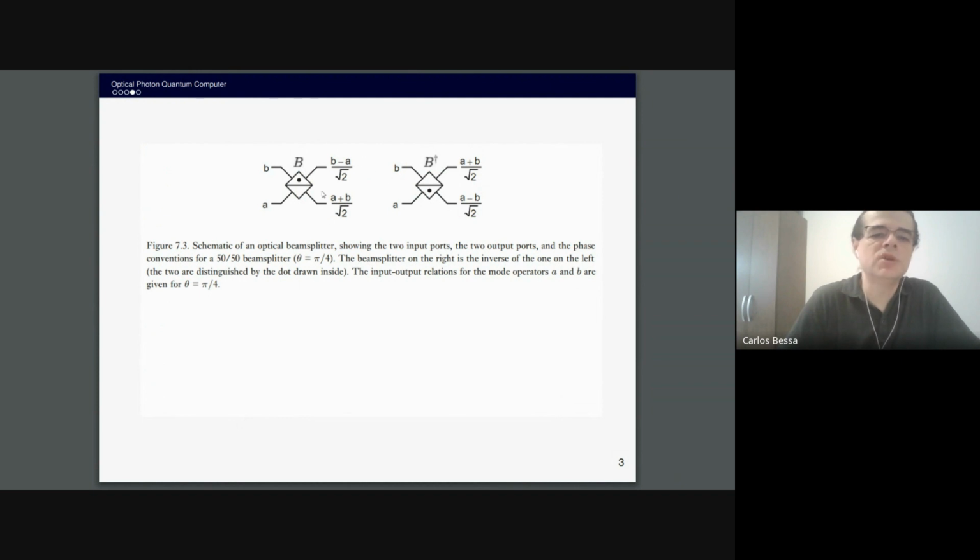In this example, they are using a 50-50 beam splitter, where theta is the angle related to the reflection and transmission. In this case, theta is pi over 4.